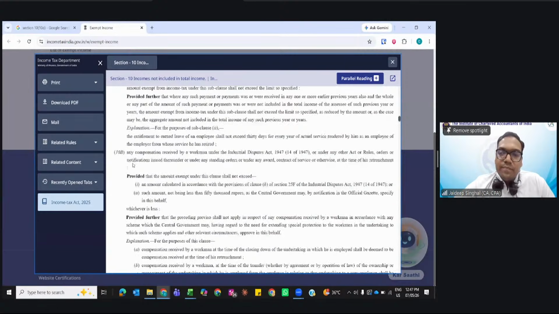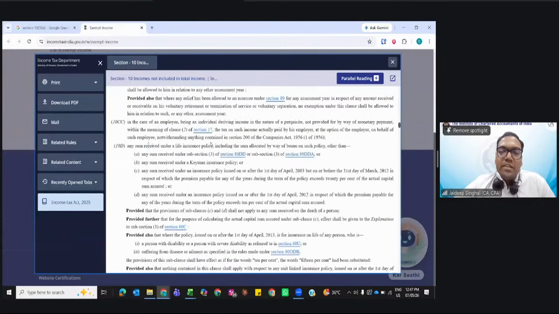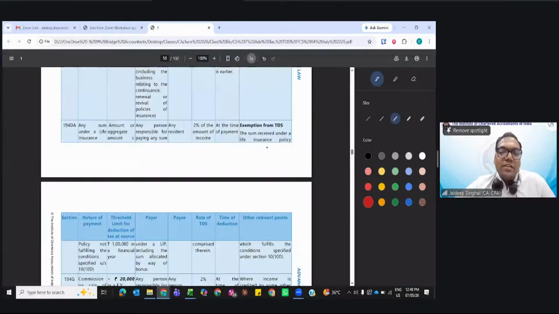See here, if you receive any sum under a life insurance policy, under sub-section 3, under a Keyman insurance policy, or under a policy where the term insurance premium exceeds 10%, then in these scenarios it is taxable. But in scenarios other than these, it is non-taxable. You have already studied this section.